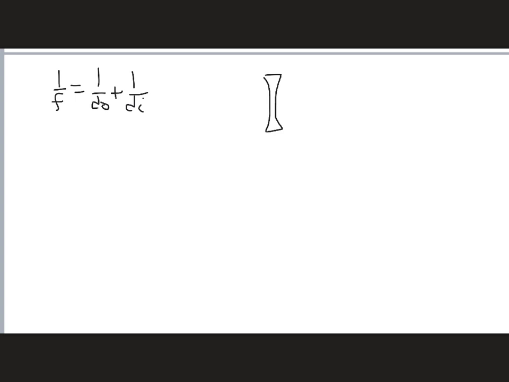So when you plug in the focal length value for f, it's always going to be negative if you have this kind of lens. Okay, so let's look at an example, and let's say that the focal length is 10 centimeters and the object distance is 15 centimeters.